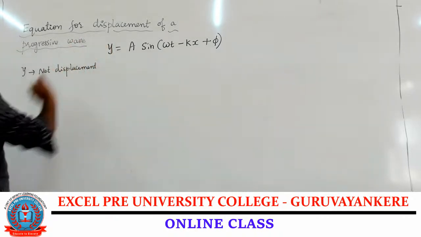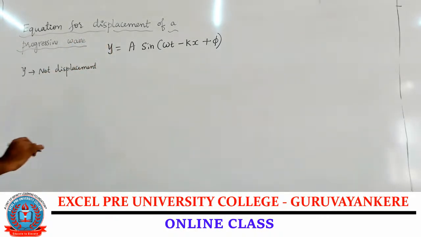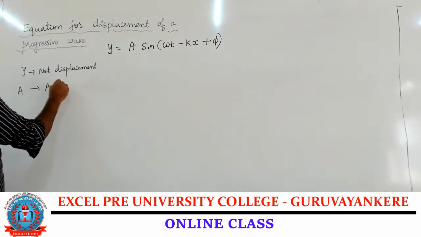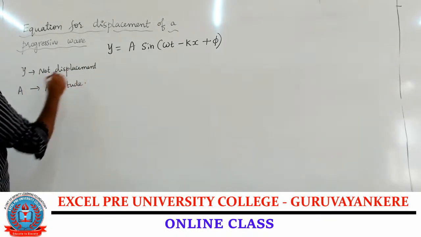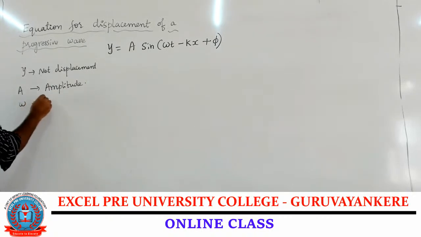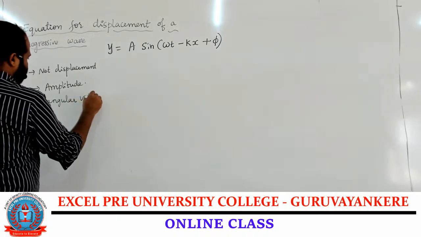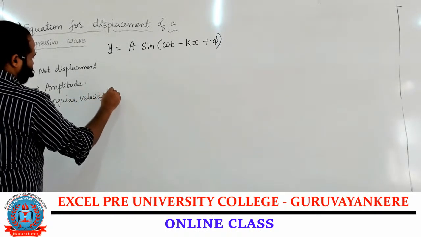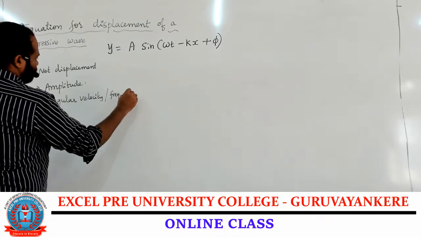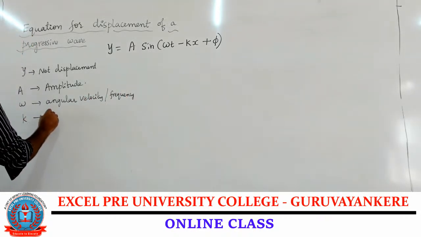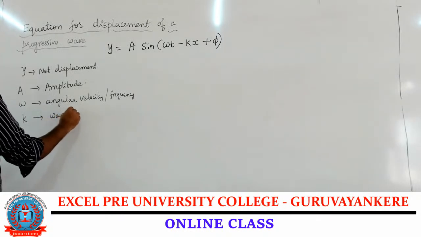This you have studied in oscillations, the previous chapter, correct? A is the amplitude. Omega is angular velocity, or frequency. K is wave number.